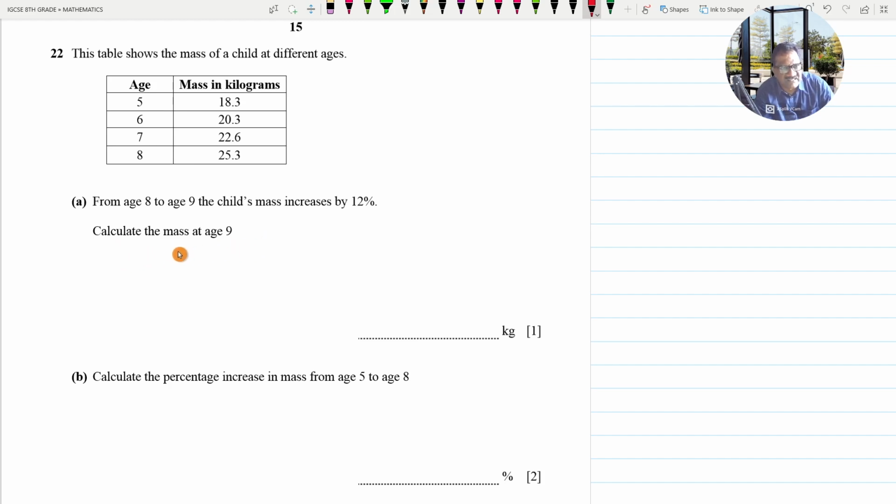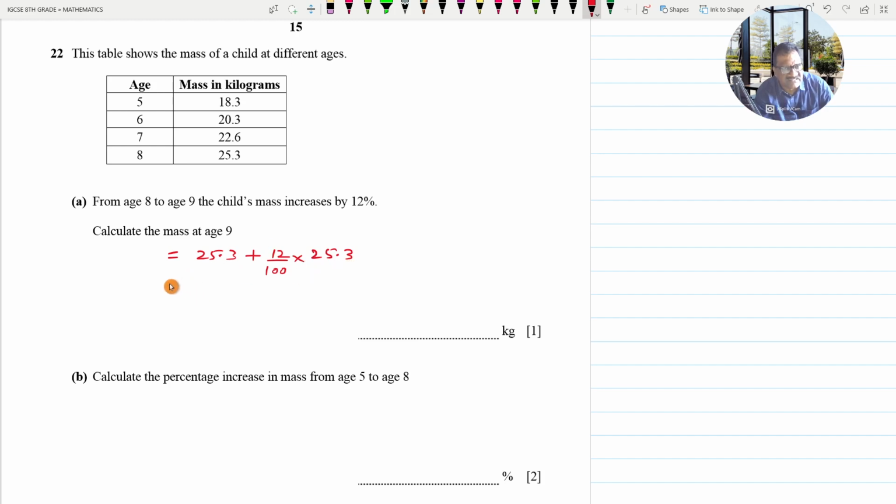So mass at age 9 will be equal to, at age 8, the mass is 25.3. So you have to take plus 12%, which means 12 upon 100 of, meaning multiplication. How much? 25.3. So this will be the mass of the boy when he reaches the age of 9. This is his mass when he was 8 years old, and this is 12% of the mass when he was 8 years old.